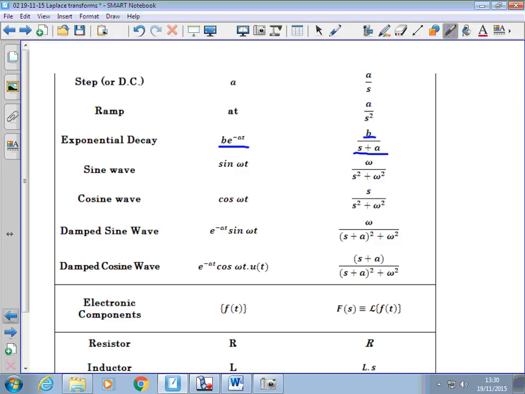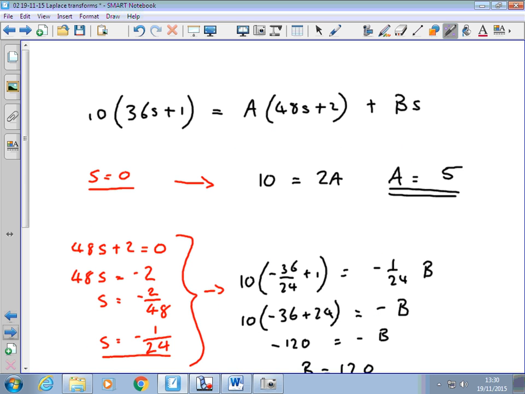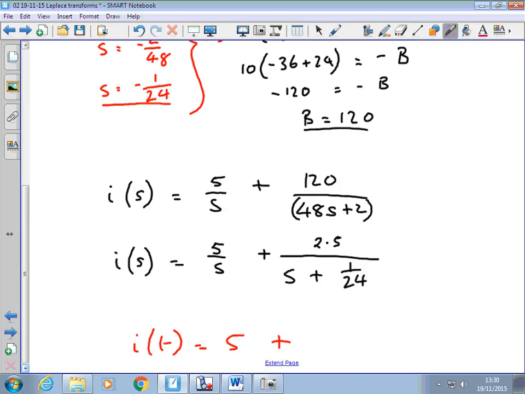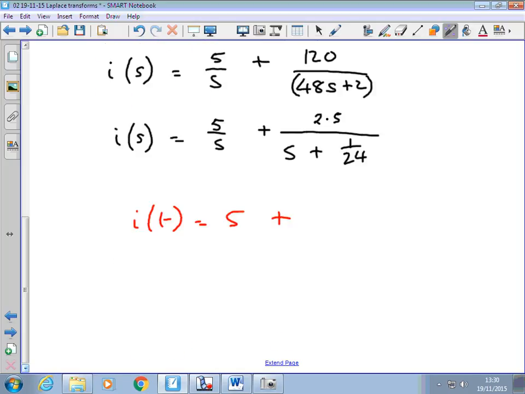So the number on top is the number in front of the exponential decay function, and the number here is the number inside the exponential decay function. So we can now go back to here and write down that this equals 2.5 e to the minus 1 over 24 t. So that is our function that describes this.